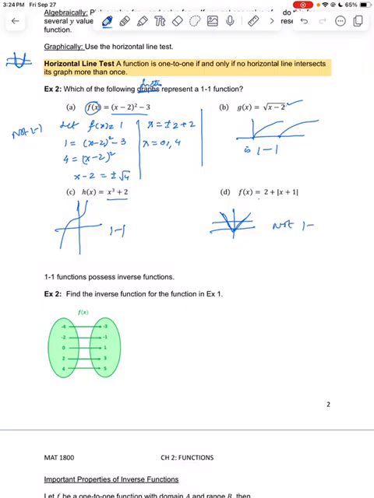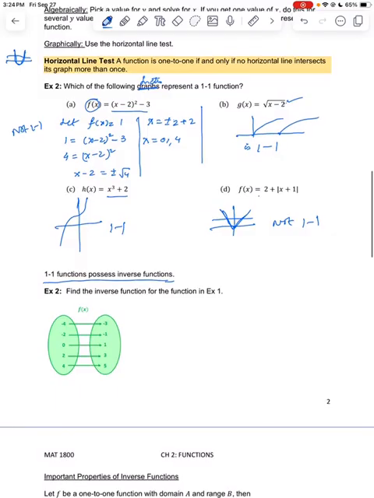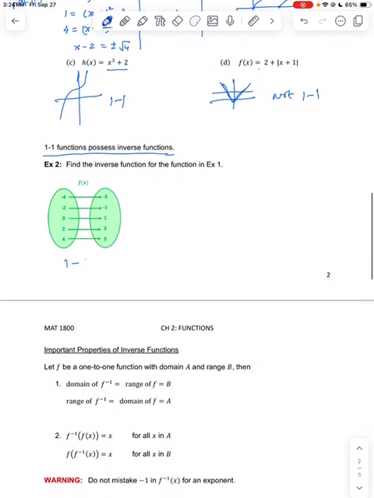Okay. So 1 to 1 functions possess inverse functions, or inverse functions exist only for functions which are 1 to 1. So let's look at this example now, because we saw that this is a 1 to 1 function. So let's look at some things here. What is the domain of this function?